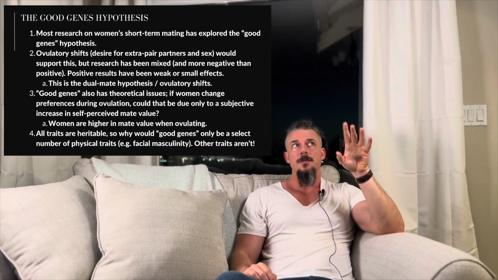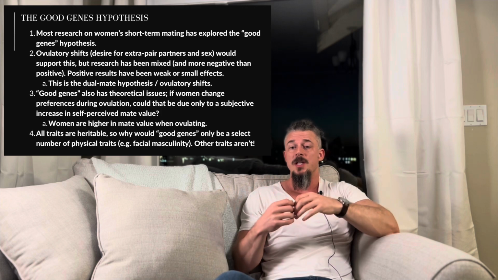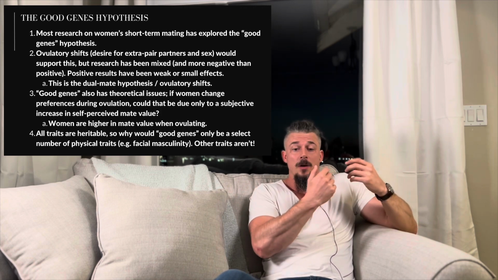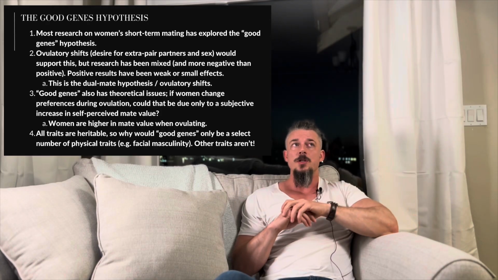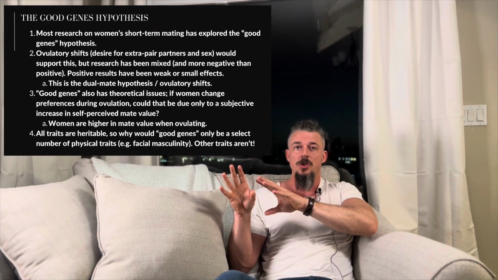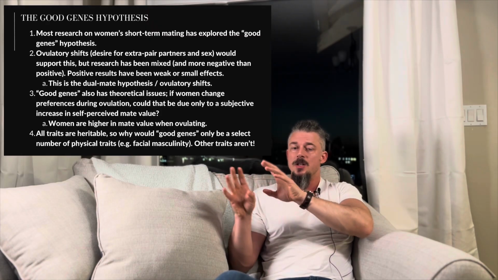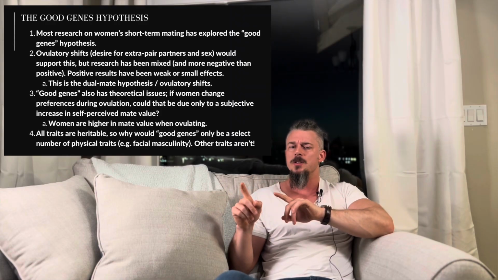Good genes, according to David Buss, this hypothesis also has some theoretical issues as well as issues regarding empirical evidence, failed replications. The question is, all of this research on short-term mating selection, is it for the selection of good genes? It has looked at these physical traits. Doesn't seem to be that they really pan out. But why don't we see them for behavioral traits, right?